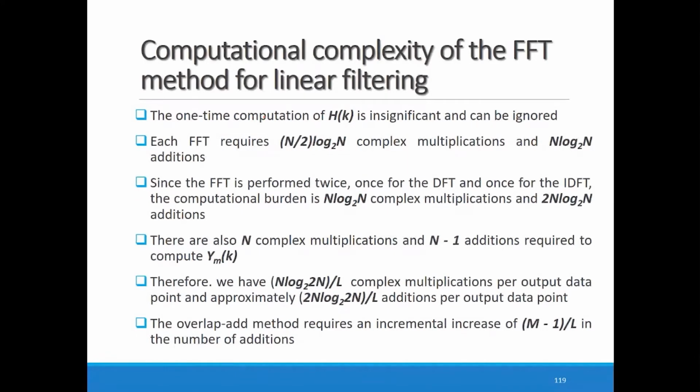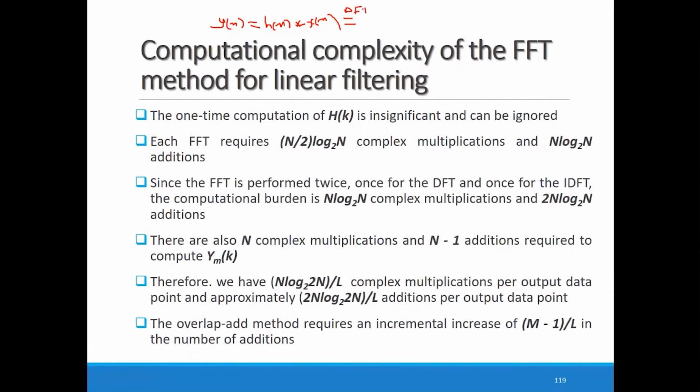As we are doing linear filtering, our main task is y of n equal to h of n convolved with x of n. First we convert y of n, h of n and x of n into DFT format. Why do we apply the DFT?